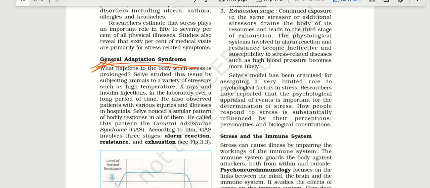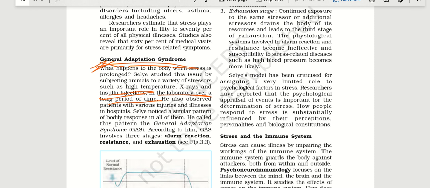So, what happens to the body when stress is prolonged? We have discussed the father of stress psychology, Selye. He studied this issue by subjecting animals to a variety of stressors such as high temperature, X-ray, and insulin injection in the laboratory over a long period of time.